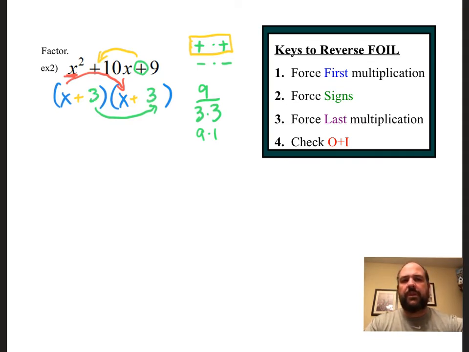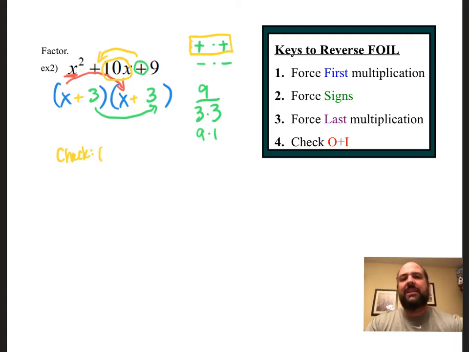So we plug 3 and 3 in here. Now what I would check is that the outside plus the inside multiplication equals the middle term of my trinomial. So hopefully when I add the outside and inside multiplications, I get 10x.